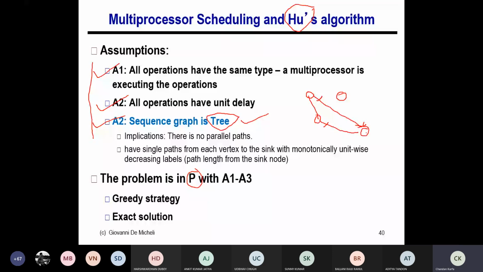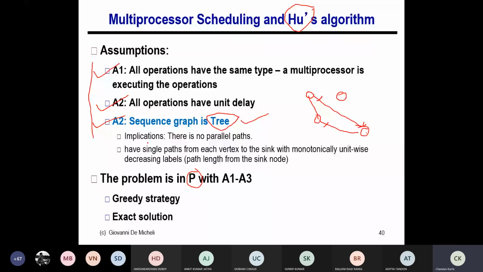So we'll see that for general purpose scheduling, where operations have different types of resources, it does not hold assumption one, it does not hold assumption two, that the operation has a unit delay, and it does not hold assumption three. In that case, the most useful heuristic scheduling algorithm comes from the idea of Hu's algorithm, right?